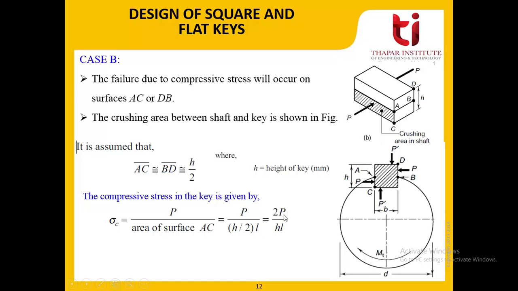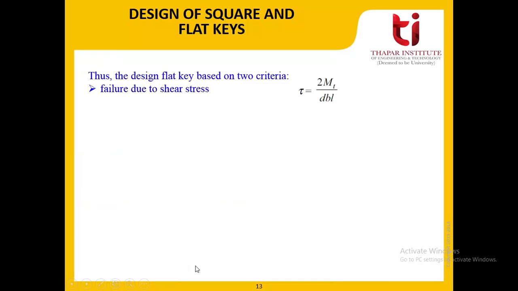Same way, we can replace P from the expression of torsional moment. So sigma C will come out to be 4Mt by dhL. Now we can note down these expressions. The failure due to shear stress gives tau equal to 2Mt by dbL, and failure due to compressive stress gives sigma C equal to 4Mt by dhL.